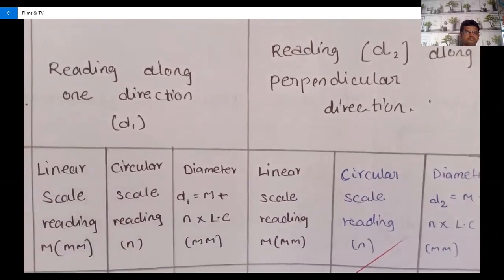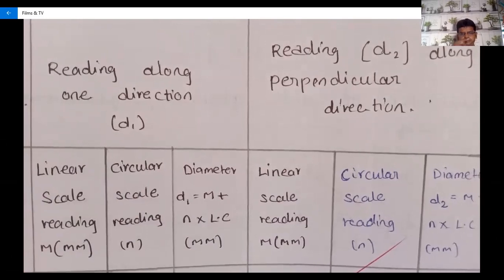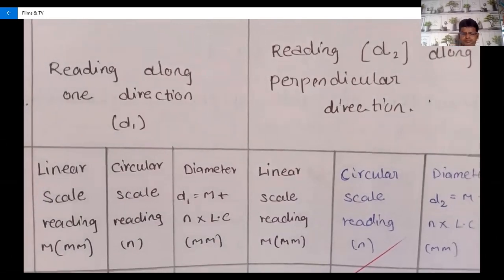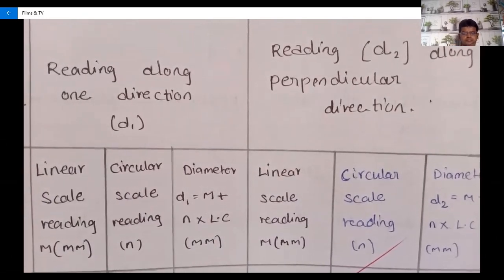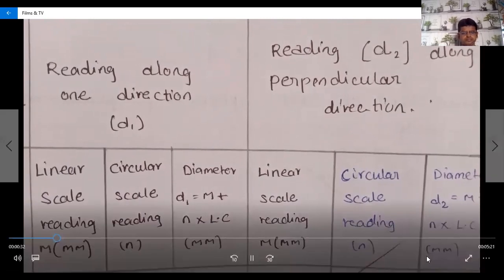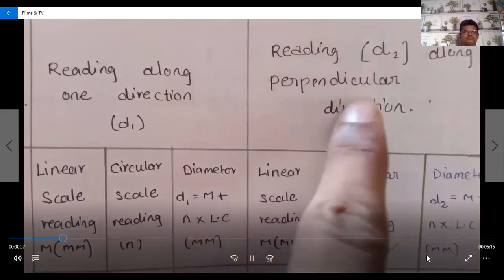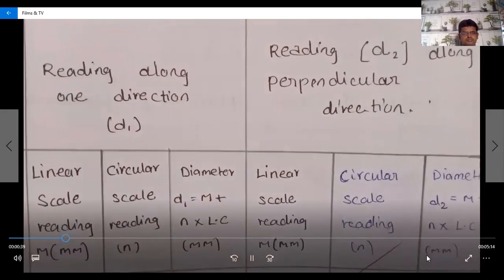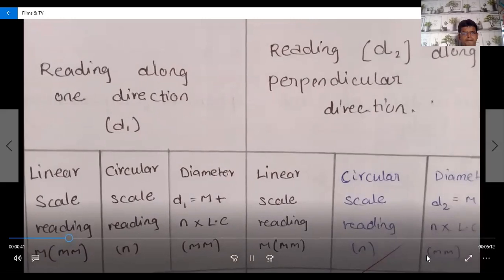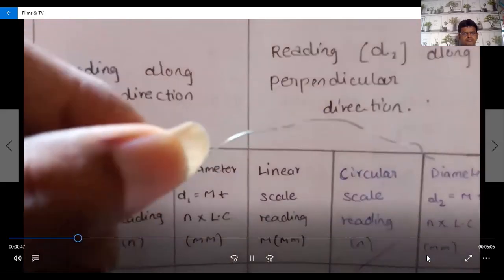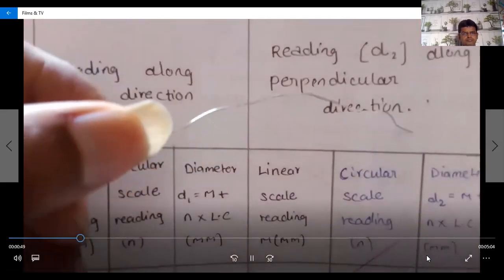The same method we use as in the time of the Vernier calipers. But here there are two different angle readings, along one direction and perpendicular. How is that possible? One direction and the perpendicular are both the same because the wire thickness is the same. So you find any one direction, and the second direction you retain as it is, no problem.